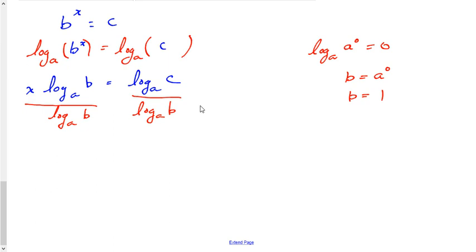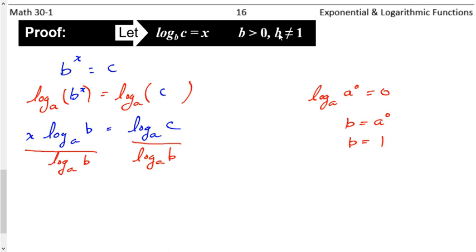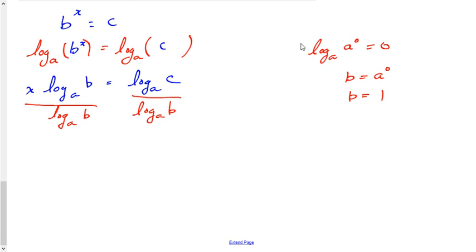But as we look back up here, I already reminded myself that for a logarithm and exponential function, my b value can never equal 1. So b can't equal a to the 0, which means log base a of b can't equal 0. So I'm not dividing by 0. I'm performing a legal operation here.